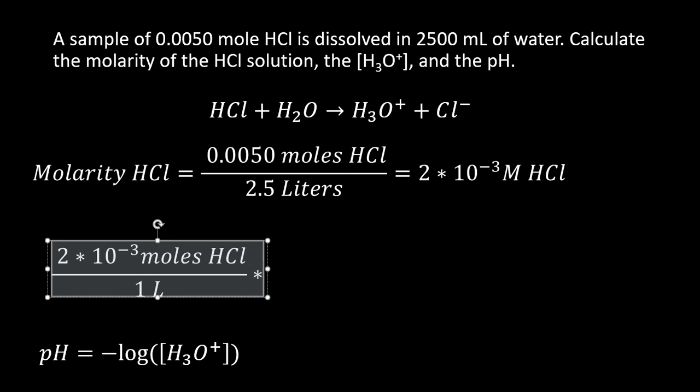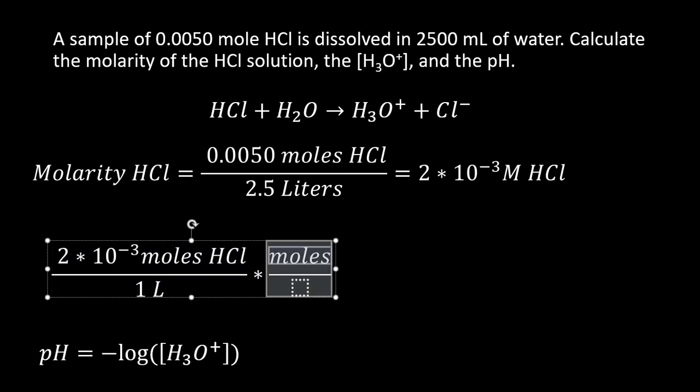And we'll just need to multiply by a ratio of our moles of H3O plus divided by our moles of HCl.